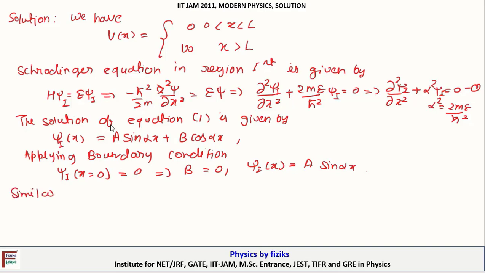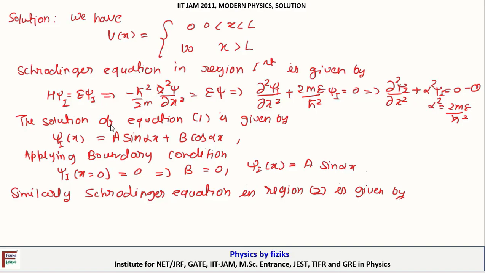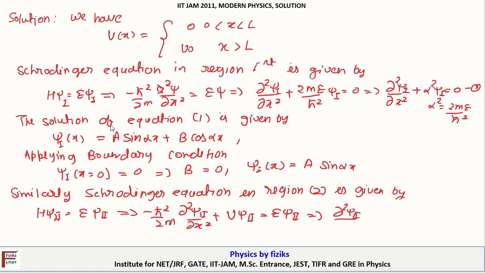Similarly, the Schrödinger equation in region second is given by, that is H psi second equals E psi second, which implies minus h cross square by twice m del square psi second by del x square plus V psi second equals E psi second, which implies del square psi second by del x square minus twice m by h cross square (V minus E) psi second equals 0.